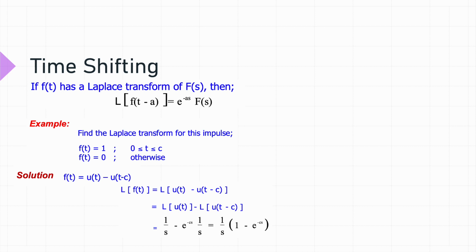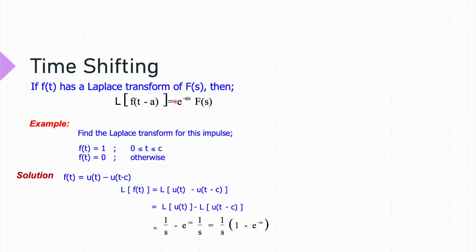Now let's look at another operation, which is the time shifting operation. Let's recall what we have learned before. Time shifting is when the operation is inside the bracket, it is a time-based operation. In this case, t minus a means that the time is shifted by a.